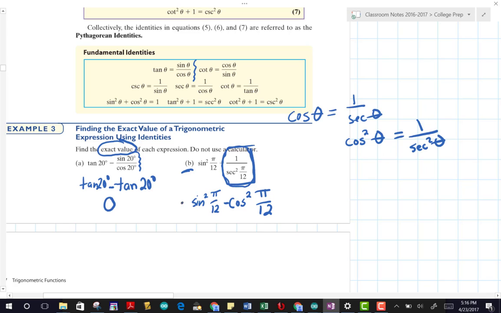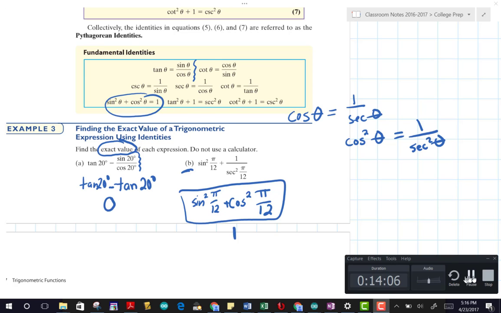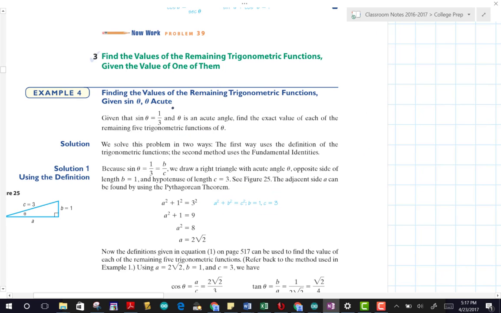I think we have already done problems like this example. If the sine of theta is 1/3 and theta is an acute angle, we want to find the values of all the other 5 functions for theta. So I'm going to move over here. Sine of theta equals 1/3.